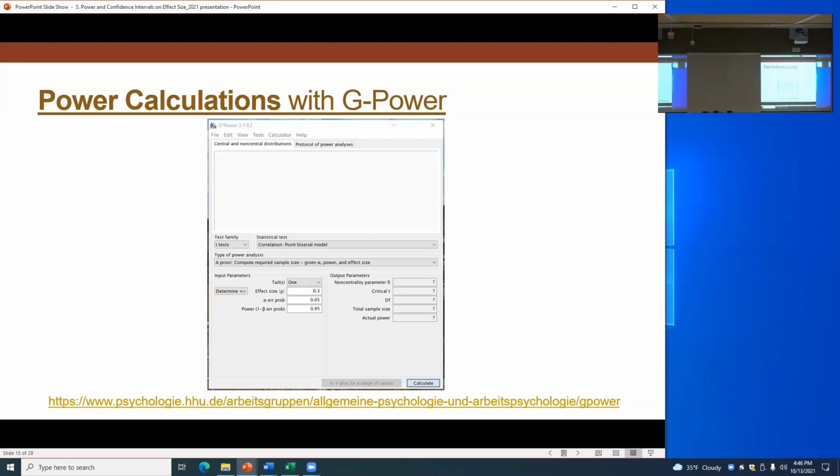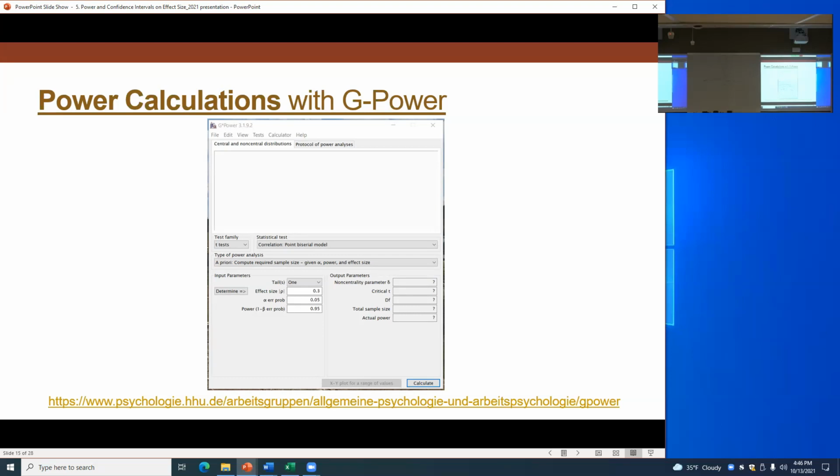Here you can choose what type of test you want to run within that family. Here you can choose what type of analysis you want to run. Do you want to run a priori power, where you're looking at what sample I need in order to achieve adequate power? You can do sensitivity analysis, saying these are the samples I have, what am I powered to detect? Different options here. And then you've got different input parameters here.